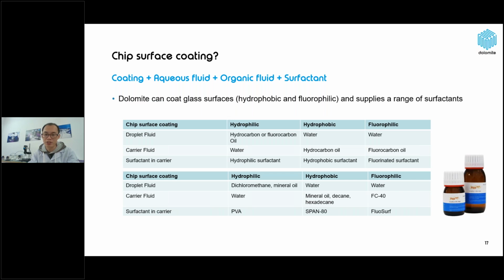With the fluorophilic coating, the droplet fluid is also the aqueous phase, and the carrier fluid is a fluorocarbon oil because the chip is coated fluorophilic. The surfactant in the carrier is a fluorinated surfactant. So we have the product, the Fluorosurf, to help the customer get the best performance during the experiment.